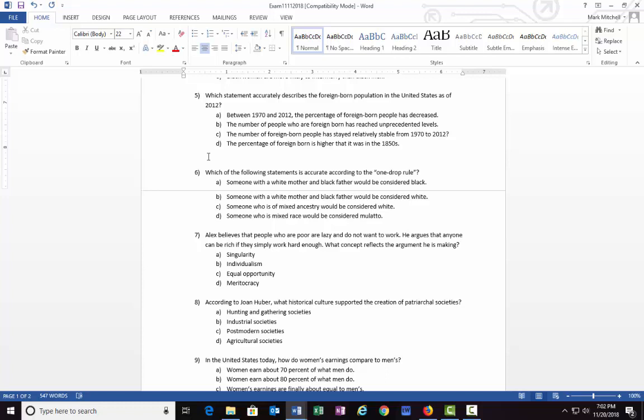Alright, the answer options are A, between 1970 and 2012, the percentage of foreign-born people has decreased. B, the number of people who are foreign-born has reached unprecedented levels. And C, the number of foreign-born people has stayed relatively stable from 1970 to 2012. Or is it D, the percentage of foreign-born is higher than it was in the 1850s? Again, there's a nice graph in the book that really illustrates this well.